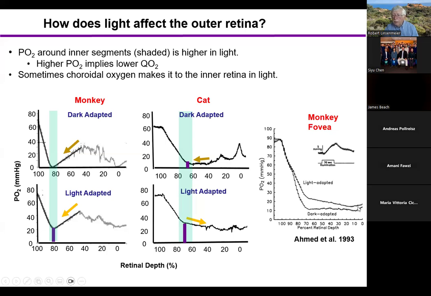Occasionally, a little bit of oxygen comes in from the vitreous. But fundamentally, the photoreceptors are behaving the same way. The PO2s are going up in light, and so the consumption is going down. But we know a lot less about the fovea than we do about regions outside of it.